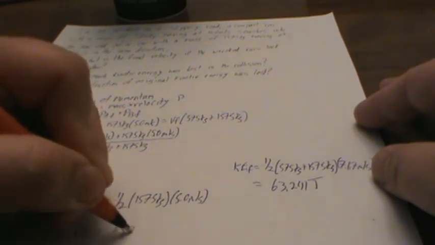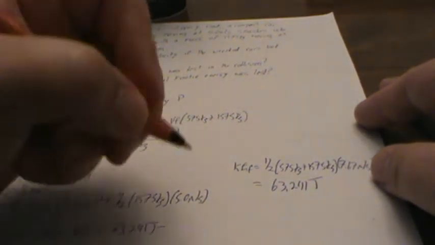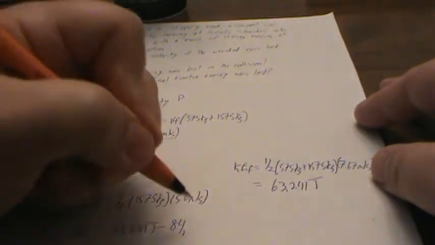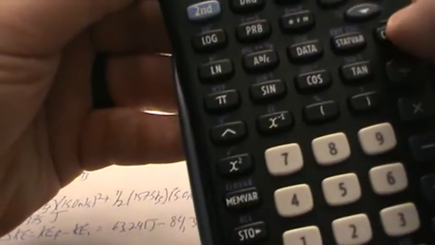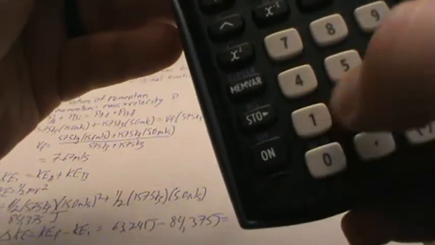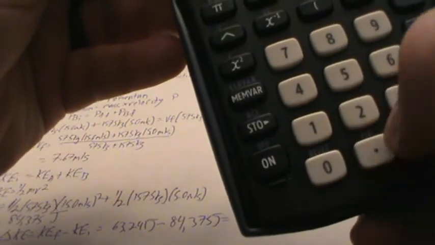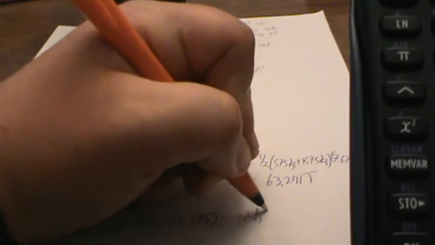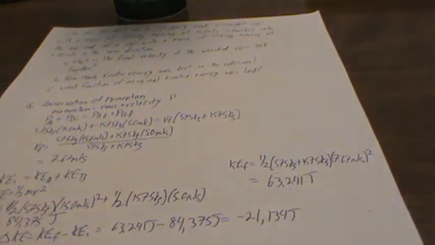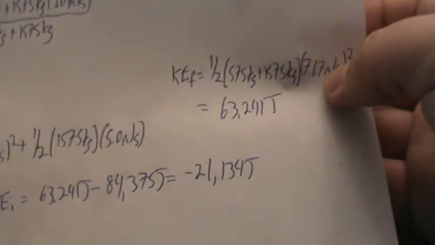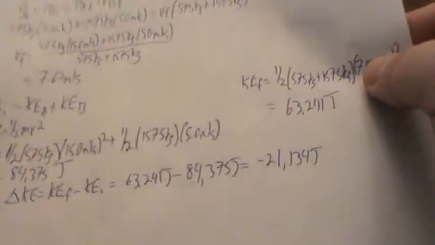So 63,241 joules minus 84,375 joules, and we're going to come up with negative 21,134 joules. So that's our answer for B.